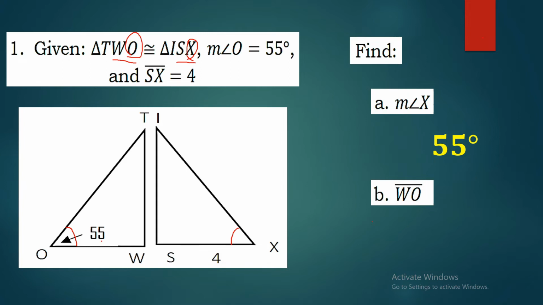On the figure, this side is congruent to this side. Now, since segment SX measures 4 units, it follows that the measurement of segment WO is also 4 units.